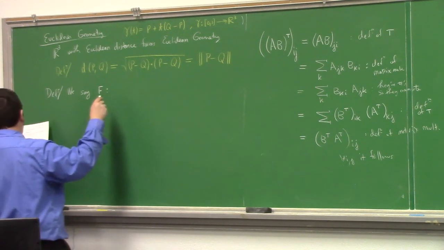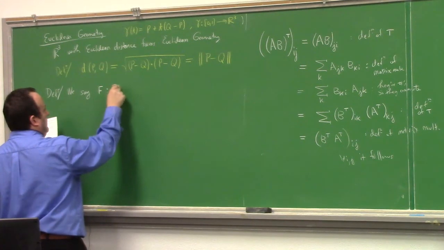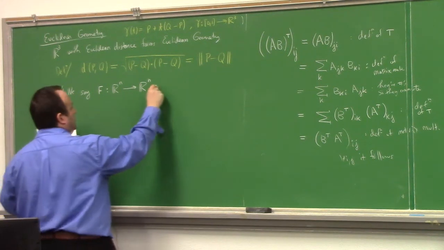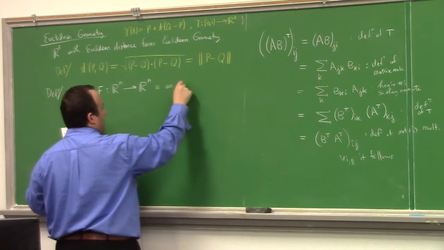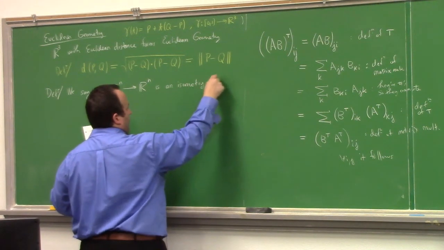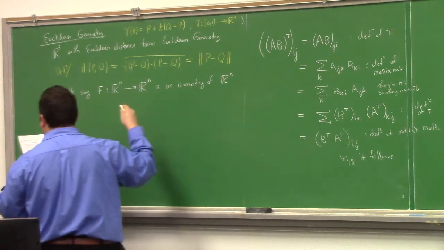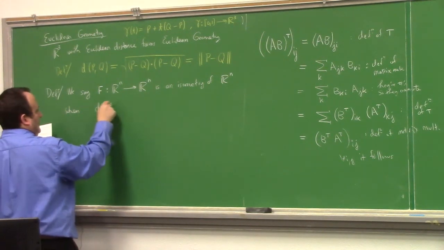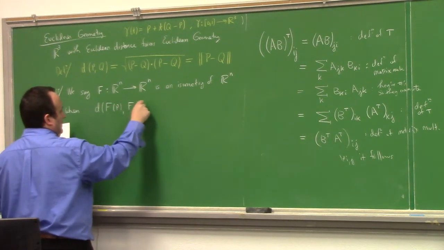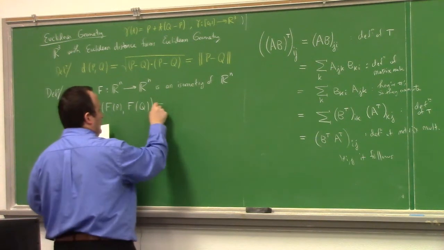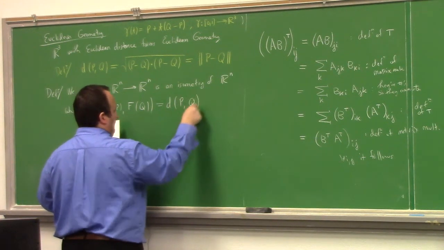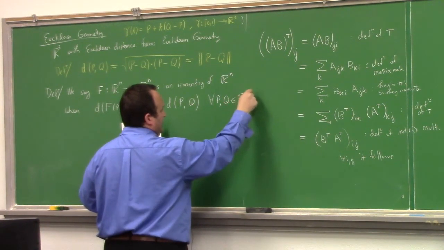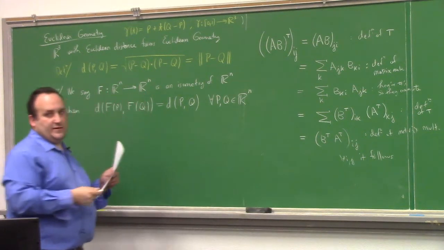We say f from Rn to Rn is an isometry of Rn when the distance from f of p to f of q is equal to the distance from P to Q for all P and Q in Rn. Now, I'm stating the definition in Rn. Of course, we're primarily interested in R3.